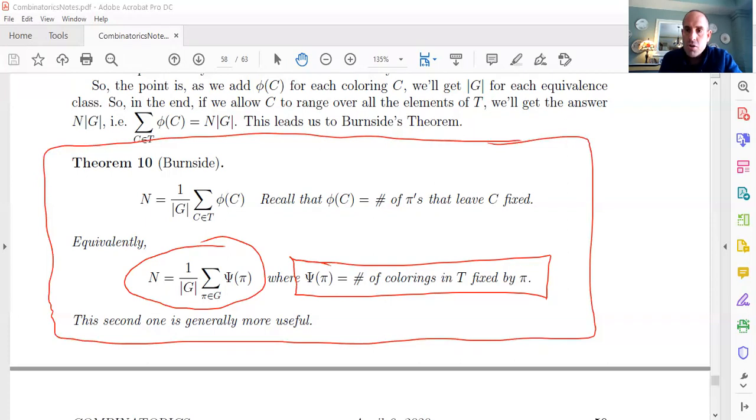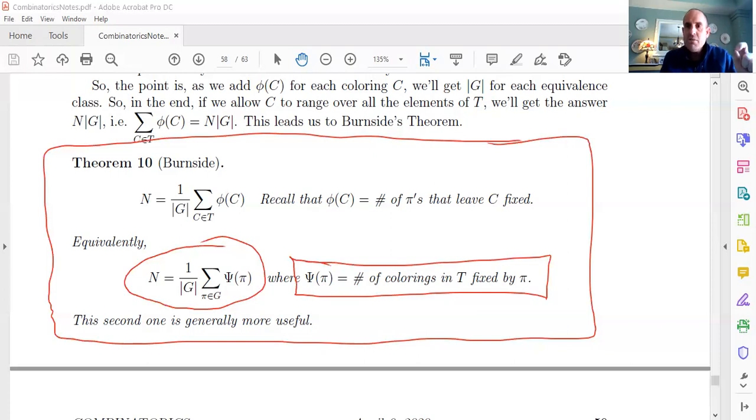I might actually first color the vertices differently and then allow for a group to operate on this thing. And all of this theory that we came up with would still apply. So all I need is to have a group. And it might not be all possible symmetries of a given shape even. It just has to be a group.